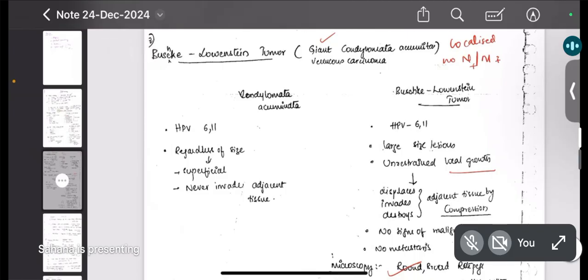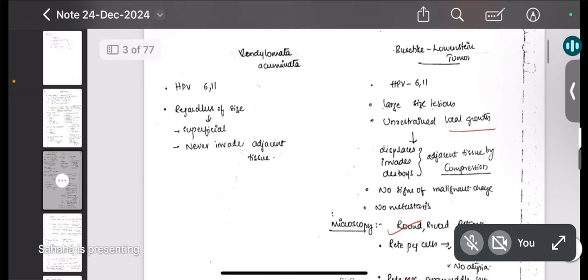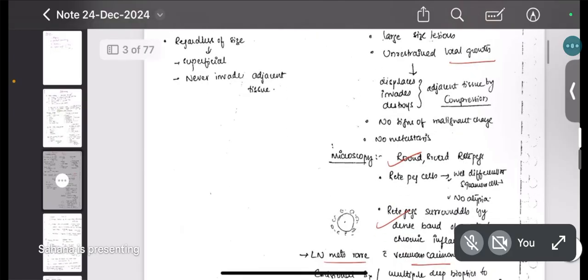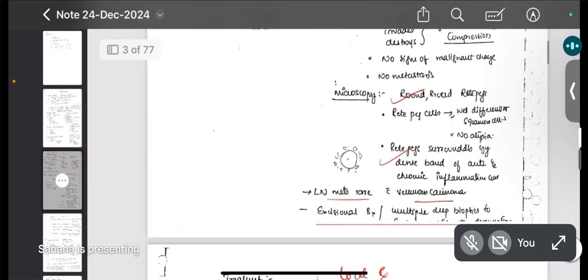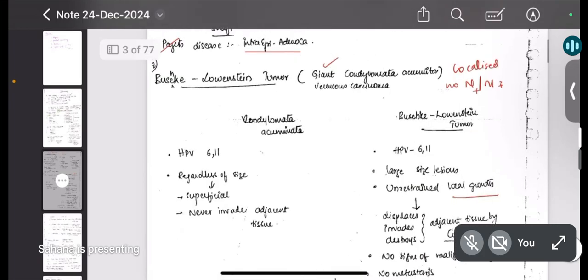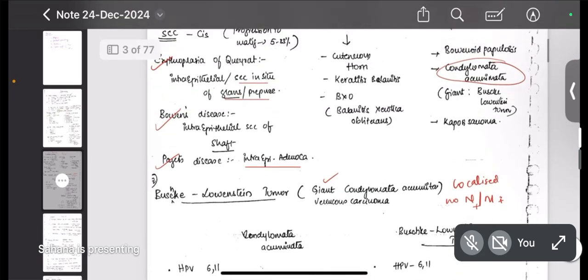They are large lesions with larger growth without predisposition to nodal or distant metastasis. By microscopy, they are round and broad, with red apex cells surrounded by chronic inflammation. So for them, excisional biopsy is sufficient with follow-up.